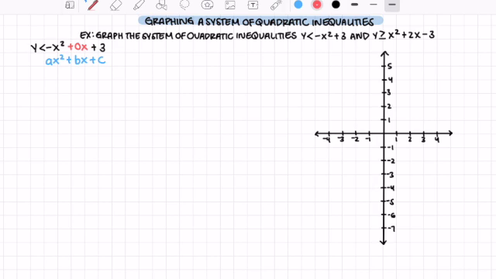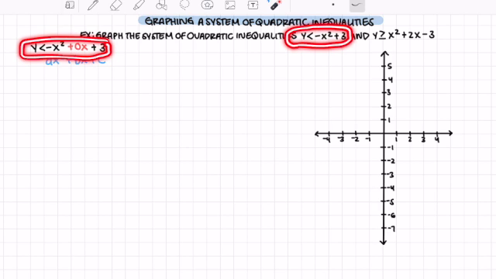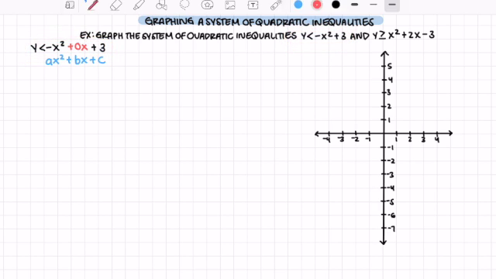Because we do know that 0 times x just equals 0. So at the end of the day, this is still the same as this equation here. And so my b value is going to equal 0, a equals negative 1, and c equals positive 3.